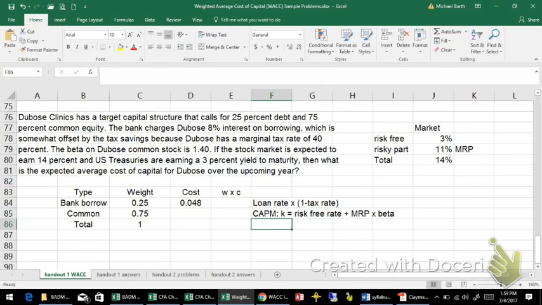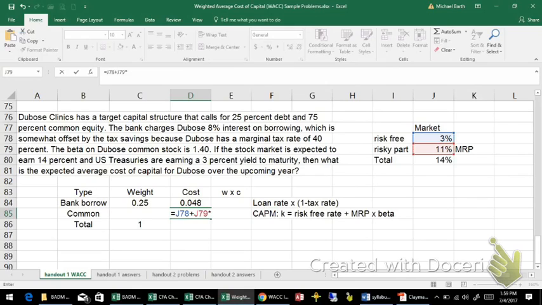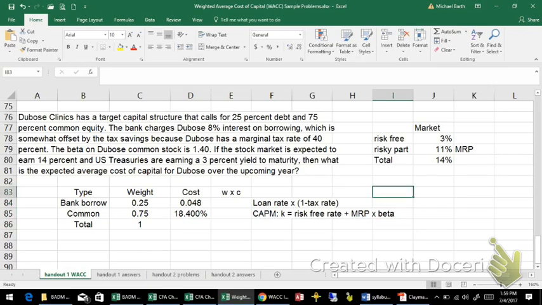So if I'm plugging these numbers into my CAPM, it equals 3% plus the market risk premium times Dubose's beta, which is 1.4. Okay? So the beta for the average share of stock is 1 by definition.